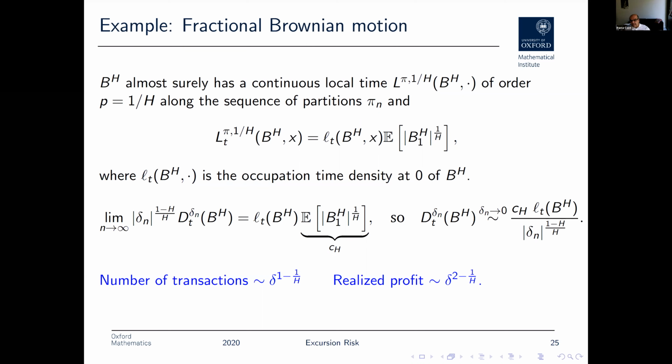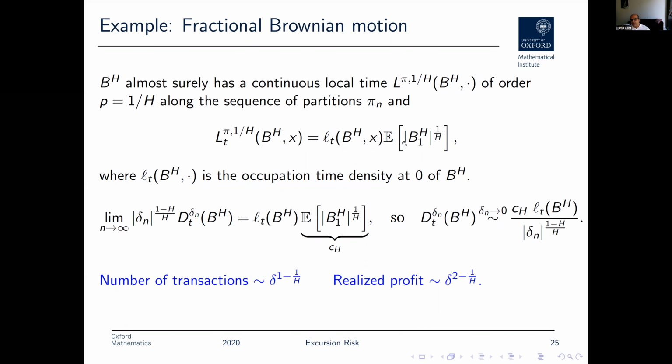Well, in this case, I didn't comment on this before, but I defined in the first part the occupation density, and in the second part of the talk, I defined the local time of order p. For fractional Brownian motion, they are proportional. They are the same up to a constant.